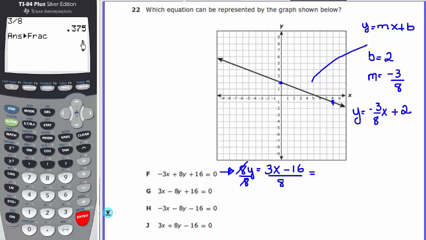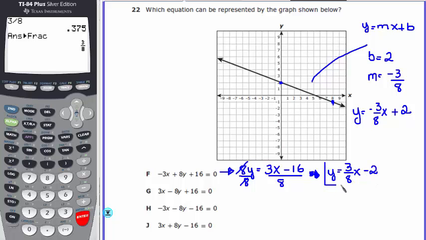In this case, it gave me back 3/8, so you cannot reduce this fraction. So on this side we get y by itself, 3 divided by 8 stays as 3/8, and negative 16 divided by positive 8 becomes negative 2.